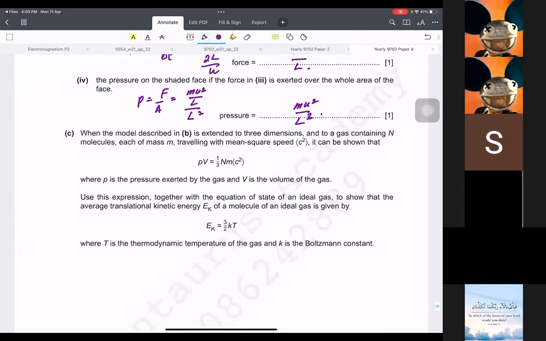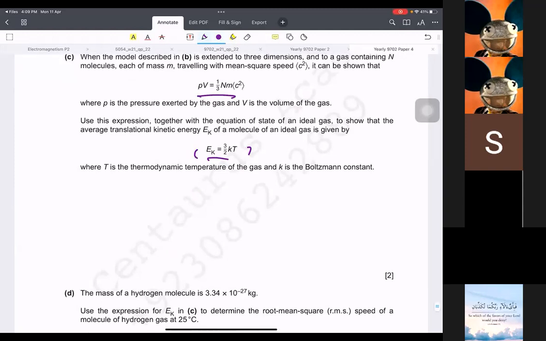Now they have given this, and they say show that this exists. That's pretty simple. Use the expression to show. PV equals NkT, and PV equals 1 by 3 Nmc square. So you put PV together: NkT equals 1 by 3 Nmc square. N and N cancel out.